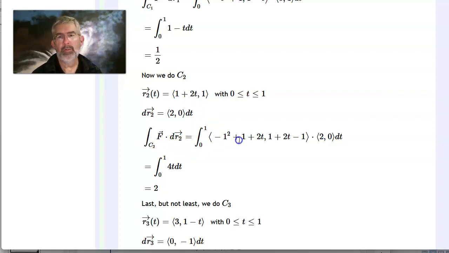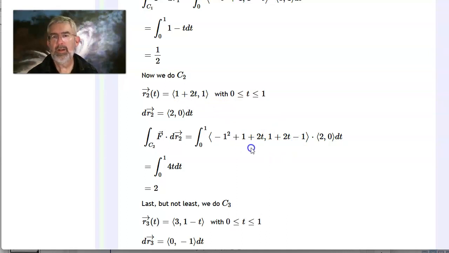This was supposed to be y squared plus x for that first part. So the y is 1 here, so minus 1 squared, and then plus x, so plus this 1 plus 2t. And then this was supposed to be x minus y, so 1 plus 2t minus 1.